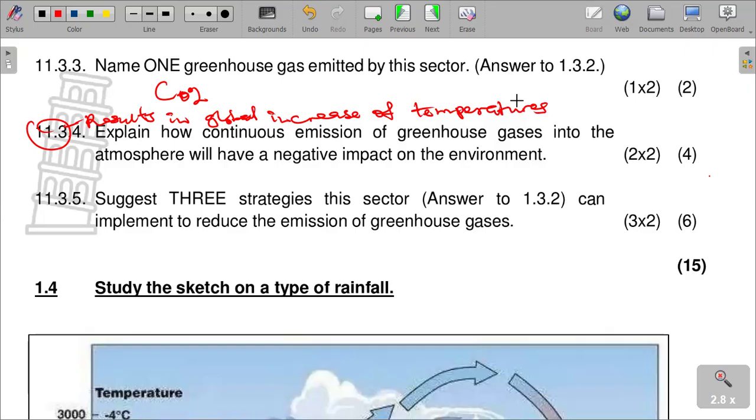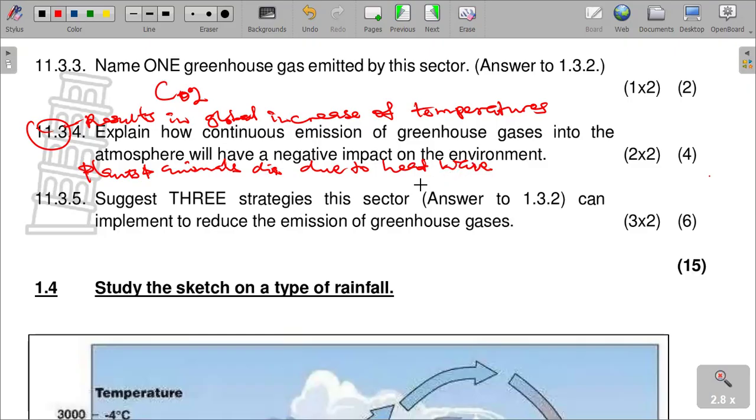And then we also need to take note that plants and animals can die because of heat waves. Plants and animals do die due to heat waves.